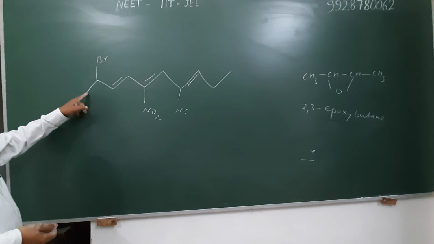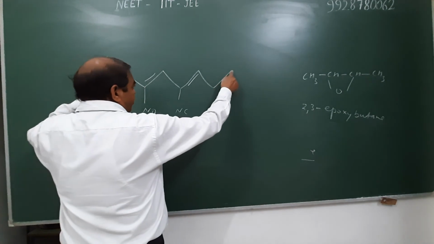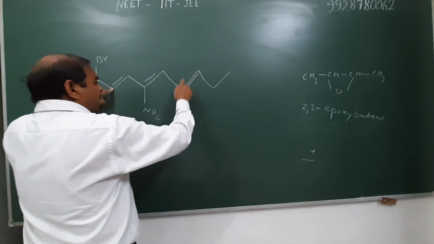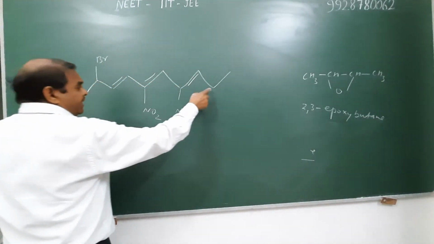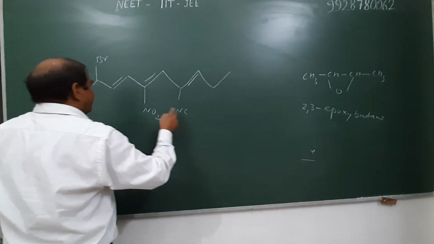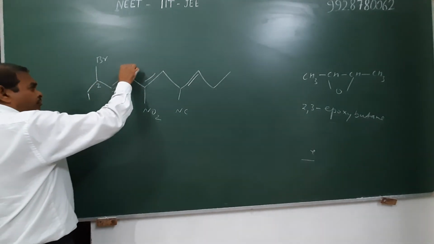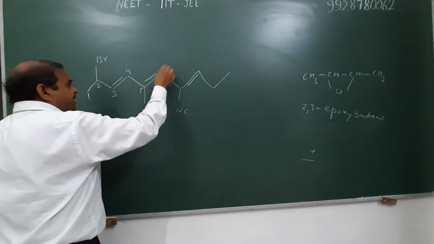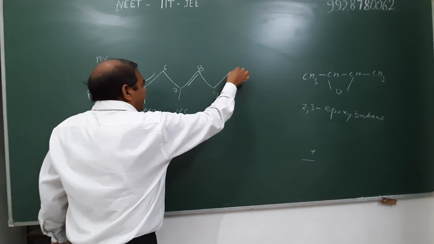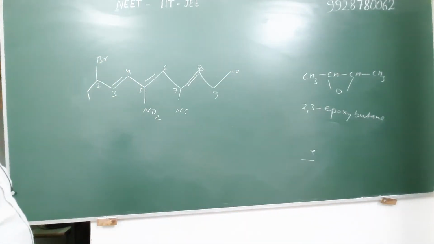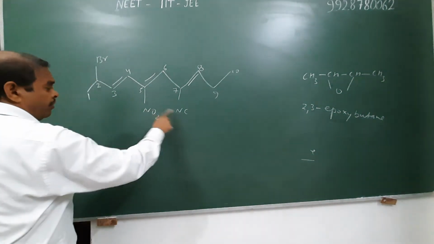If we start numbering from this end 1, 2, 3, the double bond carries the third position. From this end also 1, 2, 3, and the next functional group, the substituent, occupies second position, and in this case the substituent occupies fourth position. Therefore, we start numbering from this end 1, 2, 3, 4, 5, 6, 7, 8, 9, and 10. And then we write the names of substituents alphabetically: bromo, carbylamino, and nitro.